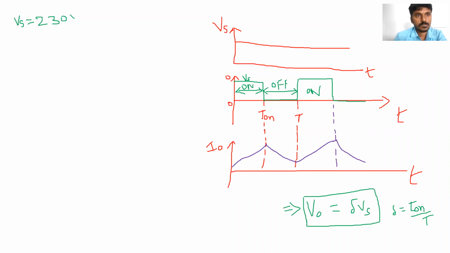Clear? The on period T on is equal to 5 seconds, and T off is equal to 5 seconds. Half period is equal to how much?